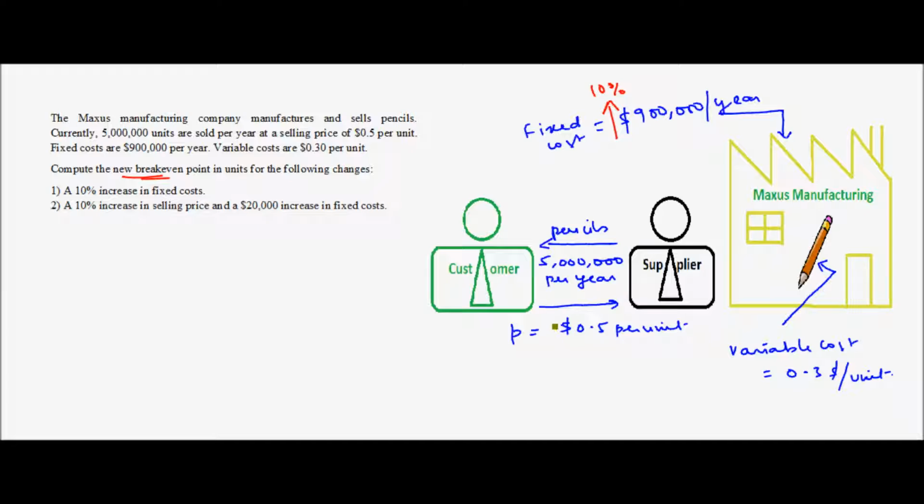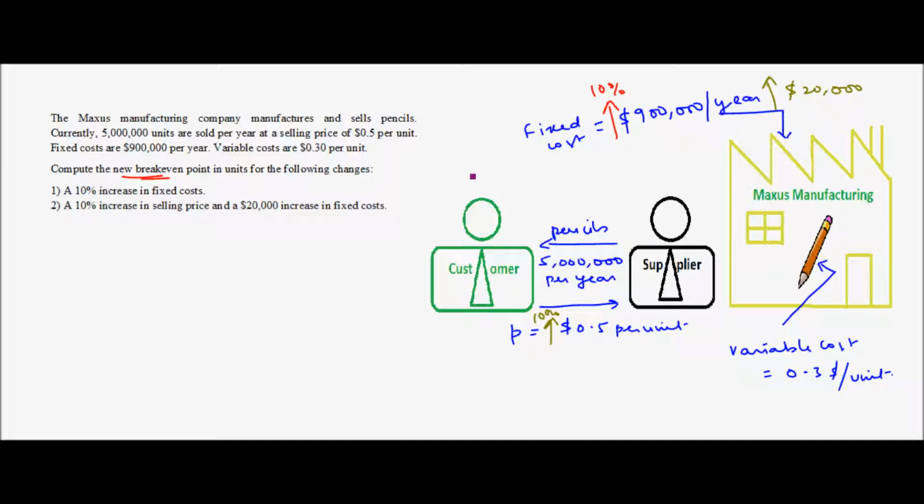So this is increasing by 10% and fixed cost is also increasing by $20,000. So we have to find the impact on the break-even point or the new break-even point in terms of units.